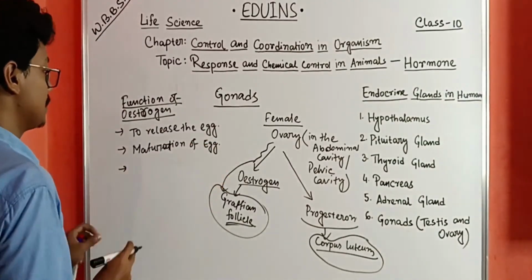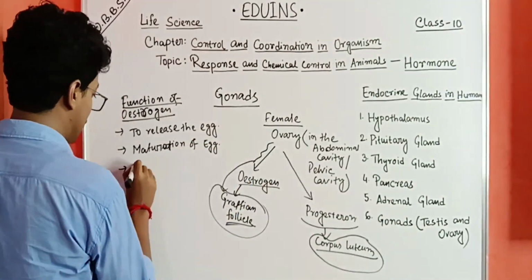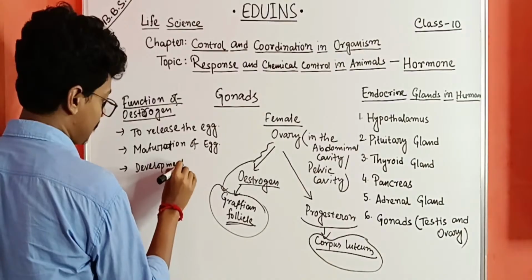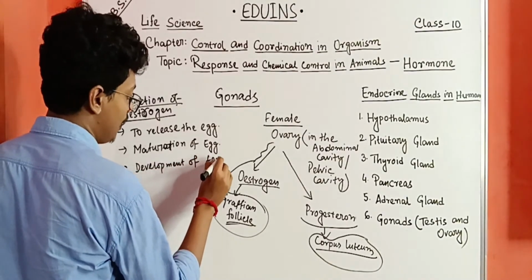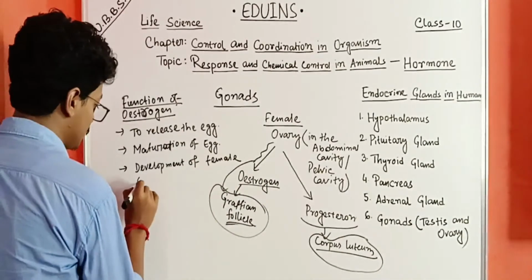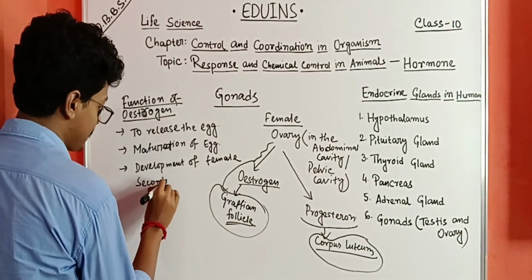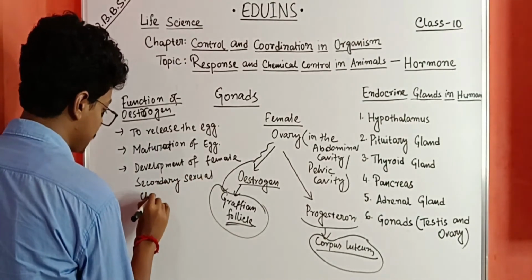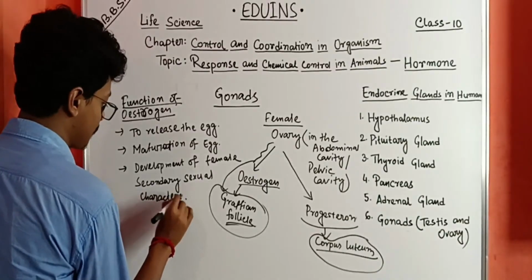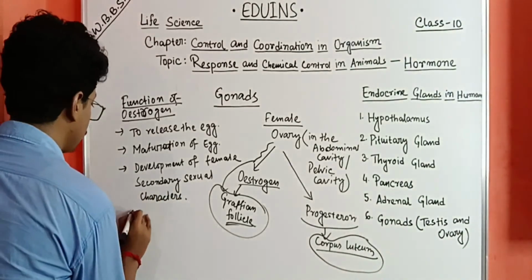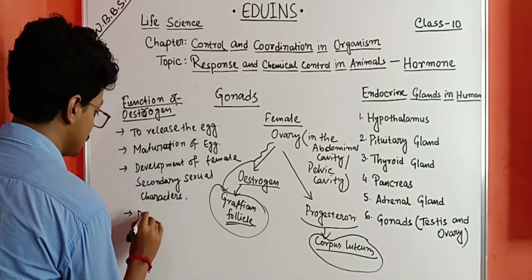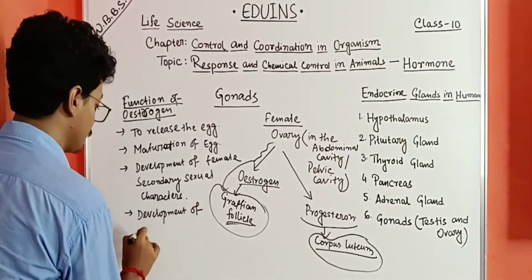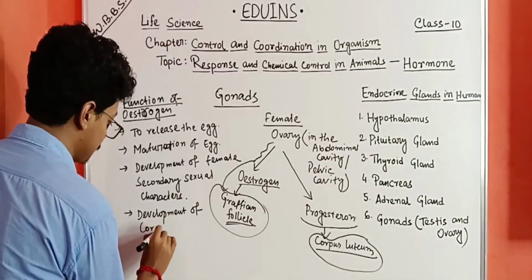Number 3, help in the development of female secondary sexual characters. Number 4, help in the development of the corpus luteum.